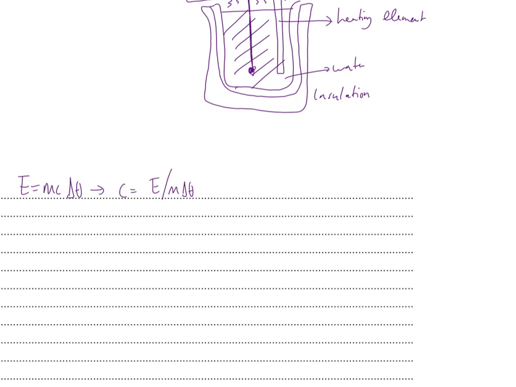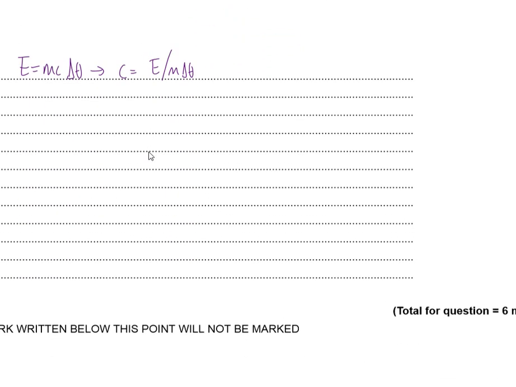Okay, let's get ready. Now we're going to find a way to work out the specific heat capacity. So first of all, we're going to find the mass. We're going to measure the beaker with water on a balance.